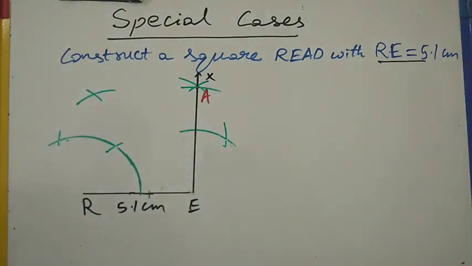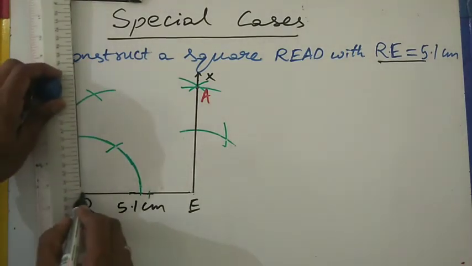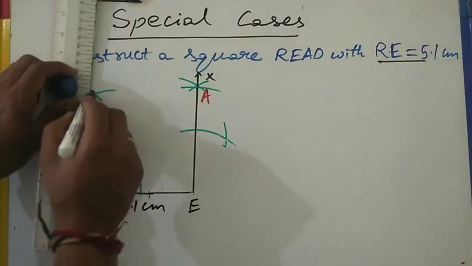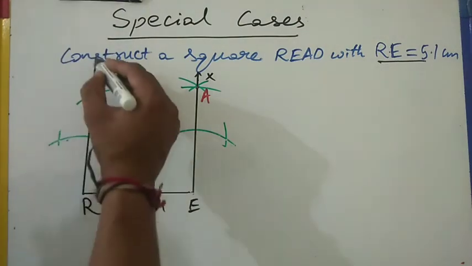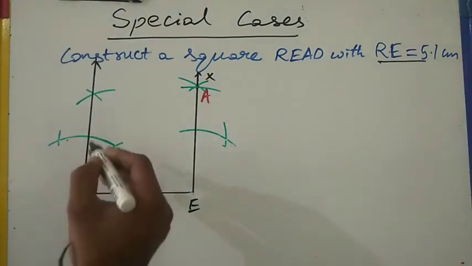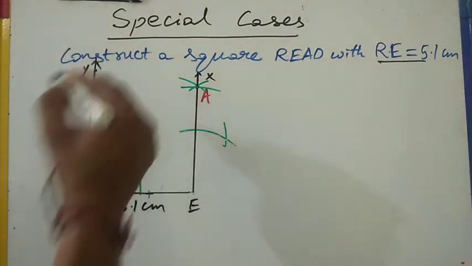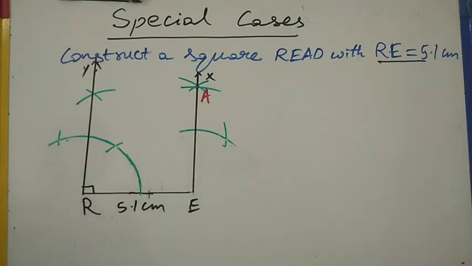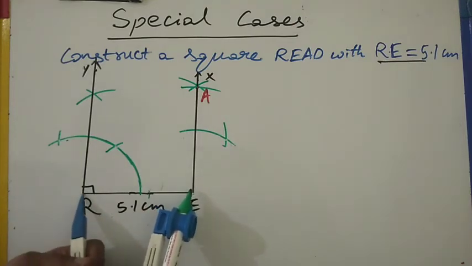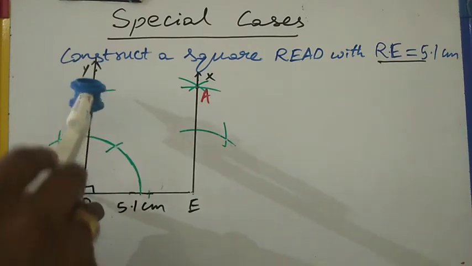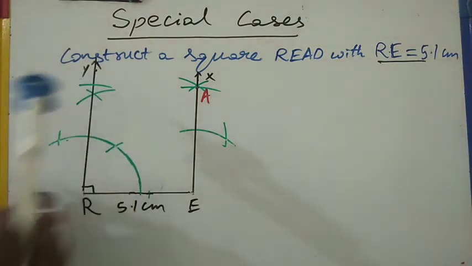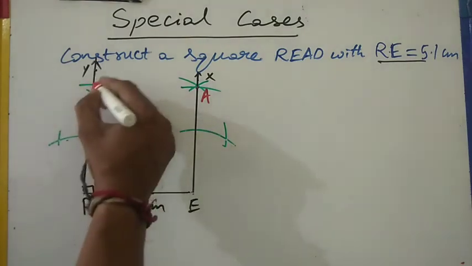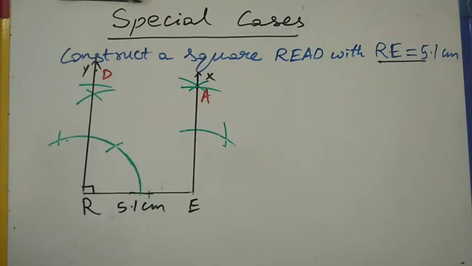So, here I got another ray making 90°. You can name this RY ray, and again taking with the same measure of 5.1, I will get a point D, and if I join AD, I will get the READ required square.